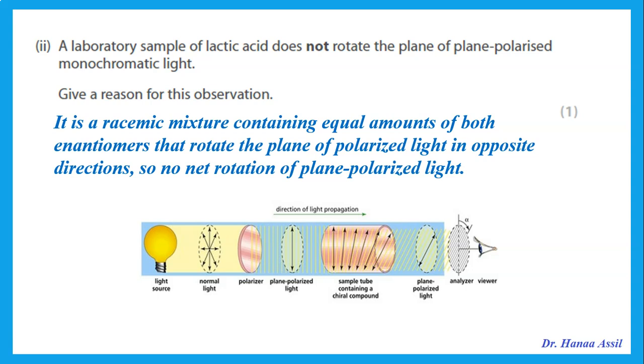Now, what's a racemic mixture? It's containing equal amounts of both enantiomers, and each of them would rotate the plane of polarized light in opposite directions, so there is no net rotation of plane polarized light. Remember, when we have a racemic mixture, that means we have equal amounts of both enantiomers, so there will be no net rotation of the plane of polarized light.